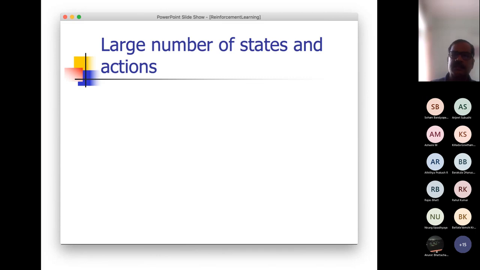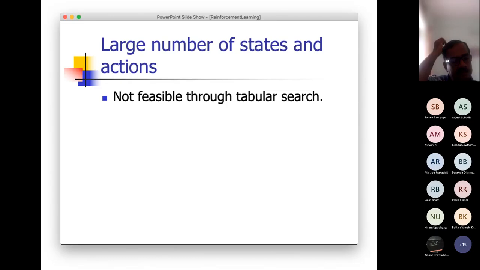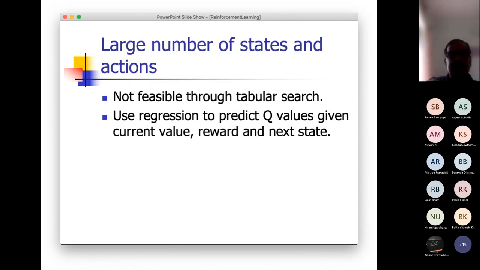The other is that the process is also time consuming. And usually in reinforcement learning, the realistic systems or problems you would like to solve will face this problem. It has a large number of states. So in that case, one thing that is done is you can use certain regression.